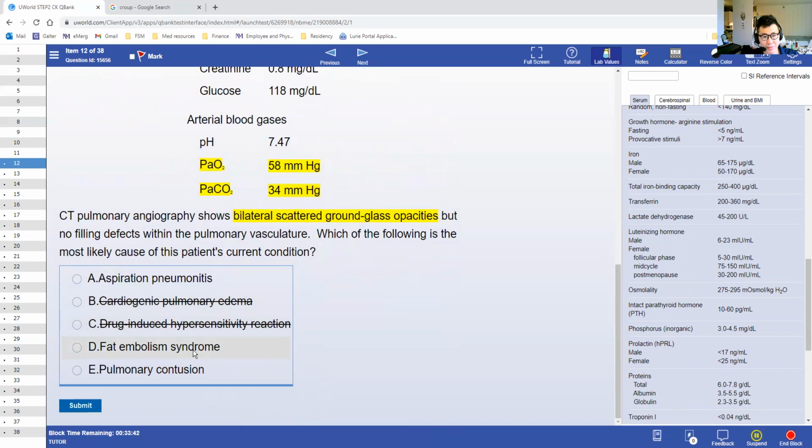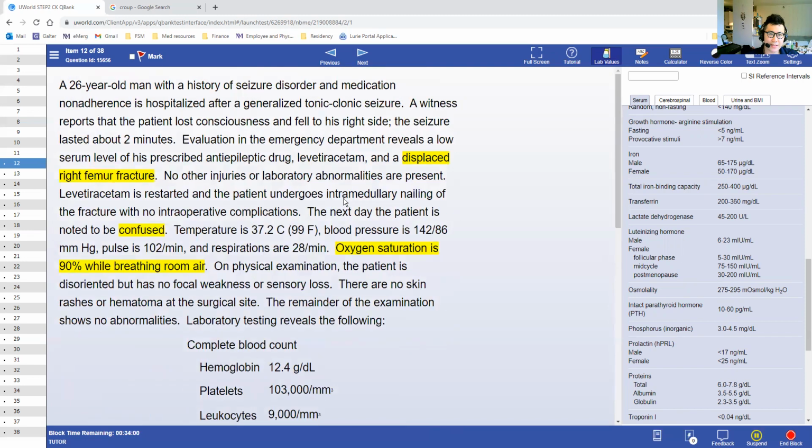Fat embolism syndrome, again, possibly. Really hard to tell. Pulmonary contusion. You could get lung injuries, sure, and I think it could cause ARDS later on. It would be delayed, but I'm not sure if it would be delayed by this much.